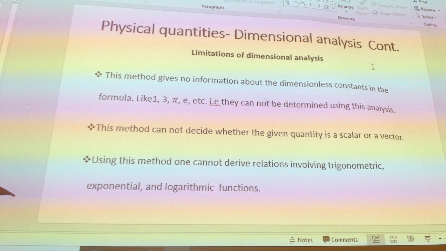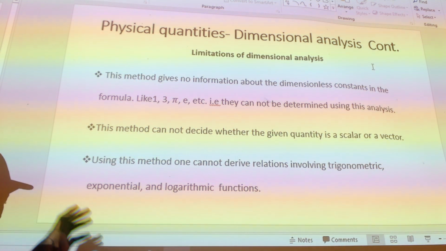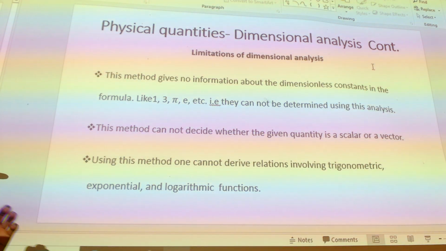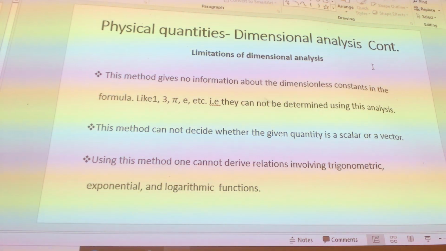We know that acceleration is a vector quantity. In certain forms we can differentiate, but in reality, we cannot tell clearly whether this value is a scalar quantity or not. So this is also another limitation.